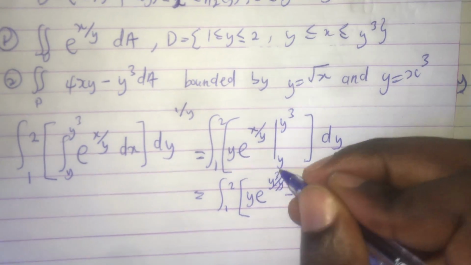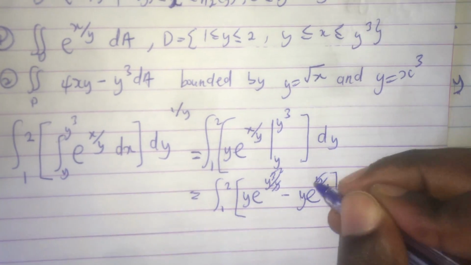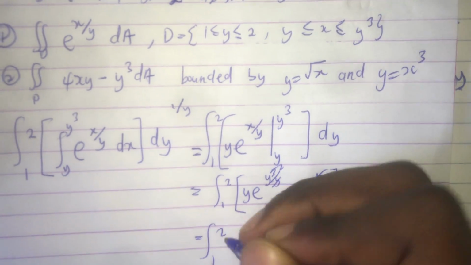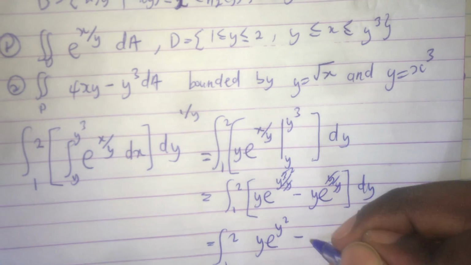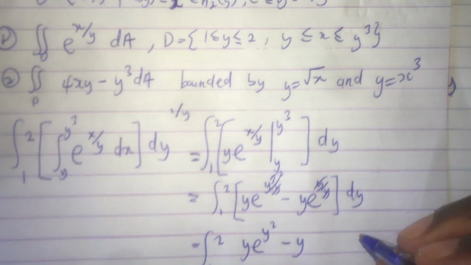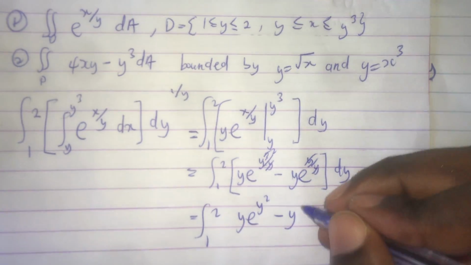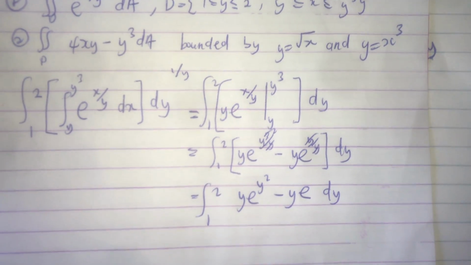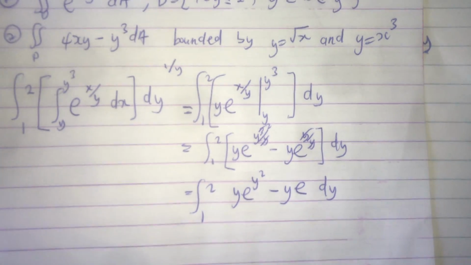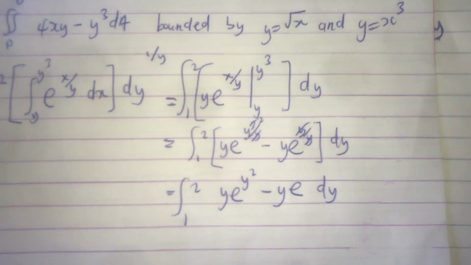Here I'm getting y squared. So you have the integral of y e^(y squared) minus y e with respect to y. So now we are done with the first integral.